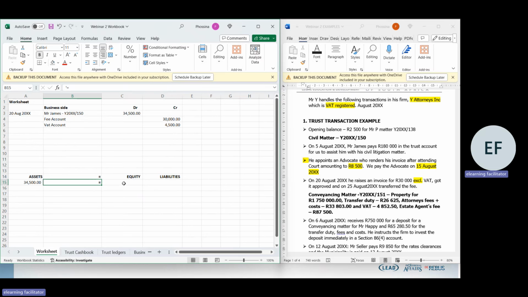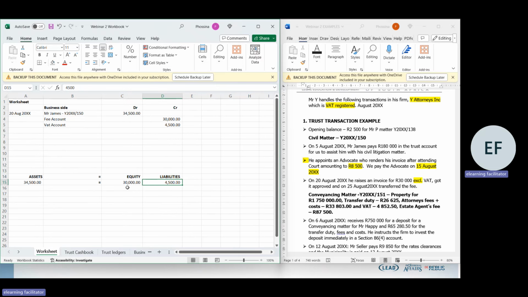How much is our equity? Our equity is 30,000. And what is our liability? We are owing SARS 4,500. So our asset is 34,500, our equity 30,000, and our liability 4,500.